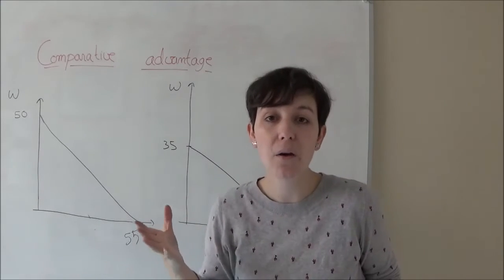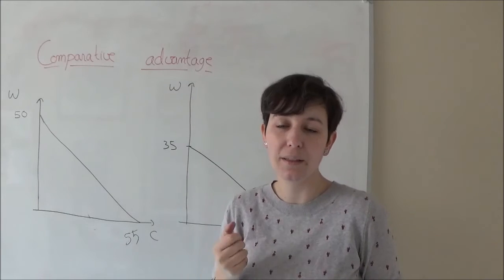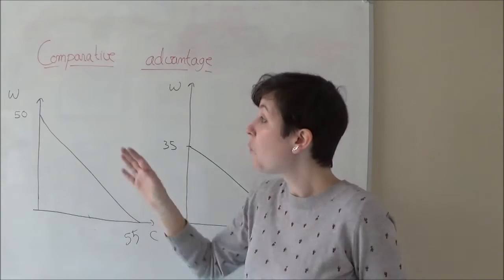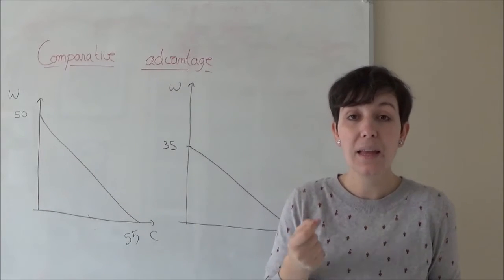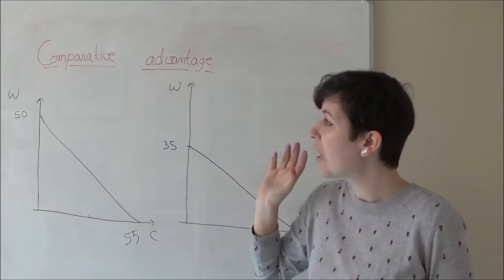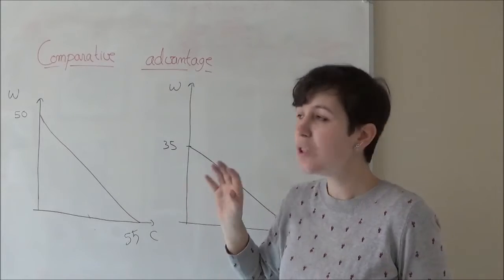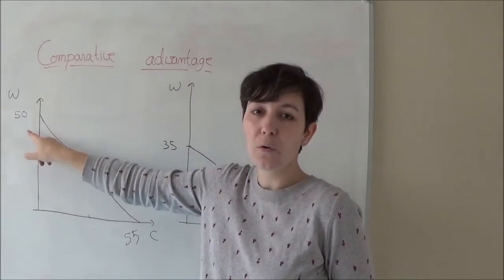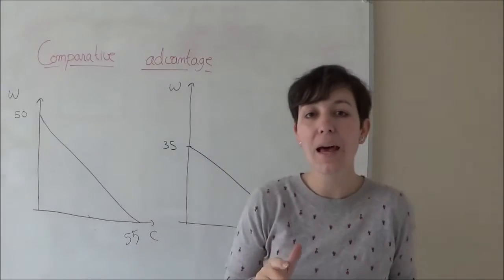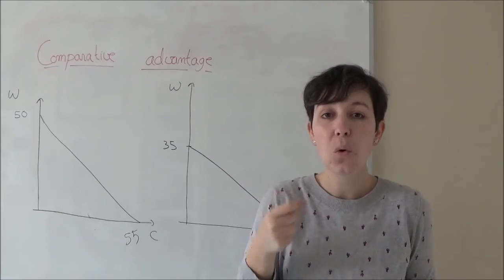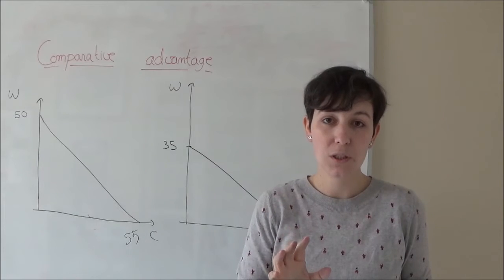How do we observe the comparative advantage? To observe in which good you have a comparative advantage, what you need to see is not just the production when you focus on the production of one good, just wine, just cheese. Instead of that, it is how good you are in terms of opportunity cost.